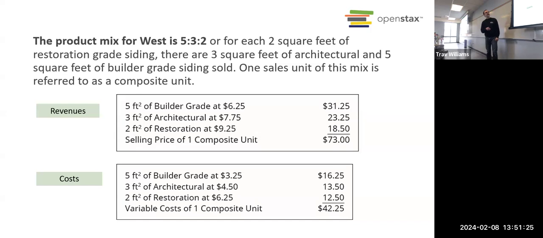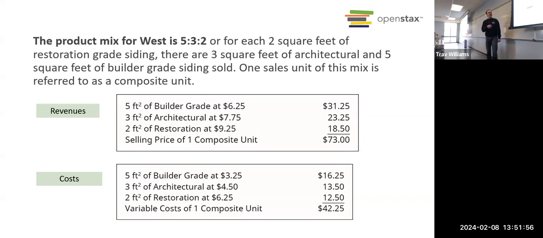Okay, so with that information, they can now create one composite unit. The composite unit for this company has 5 square feet of builder grade, the cheapest one, 3 square feet of architectural, 2 square feet of restoration. And they can multiply that by the individual sales price for each one to get a total sales per composite unit.